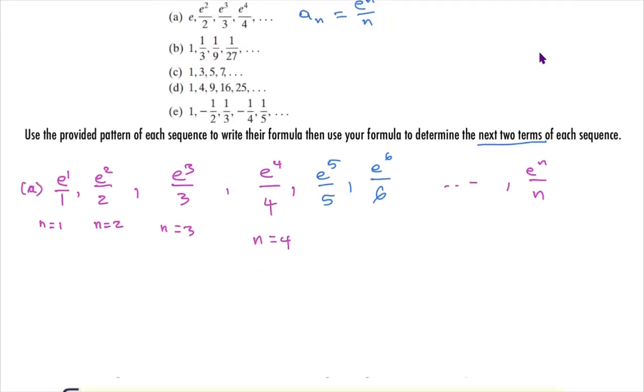Now let's work with B. B is 1, 1/3, 1/9, 1 over 27. Well, I see that this is going in a way where we're getting some type of power of 3 in the denominator, right?